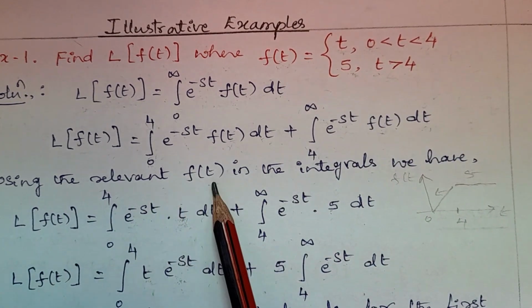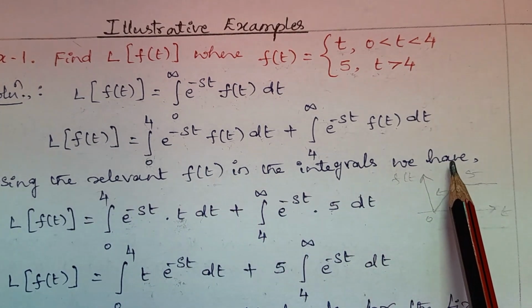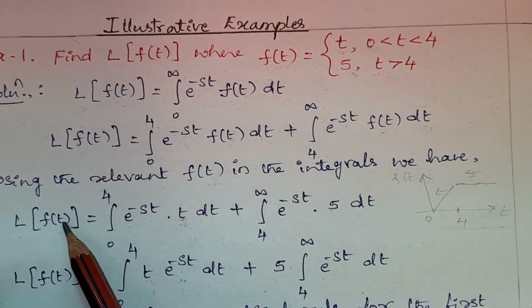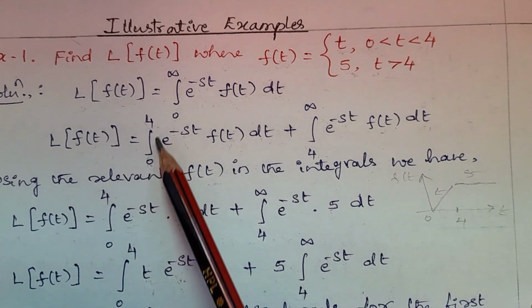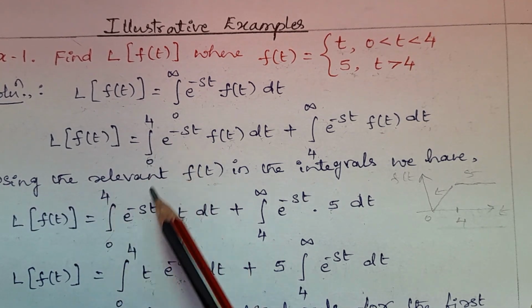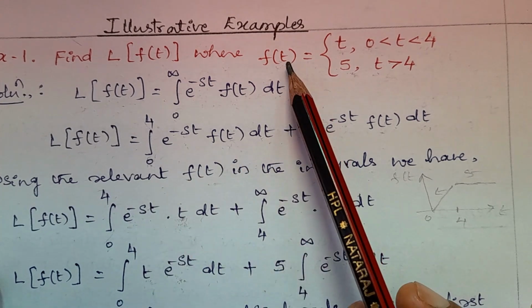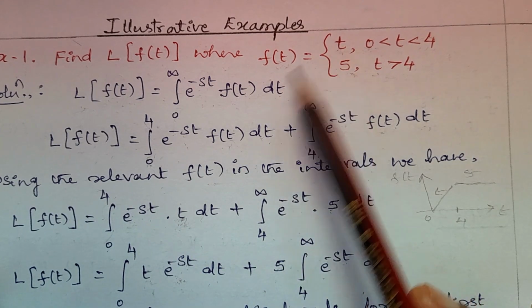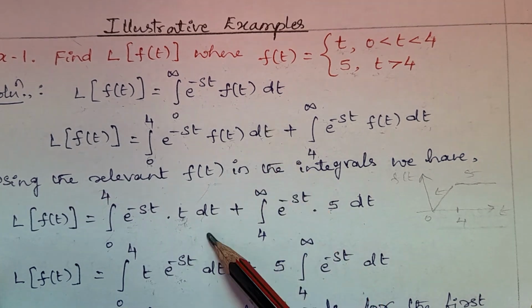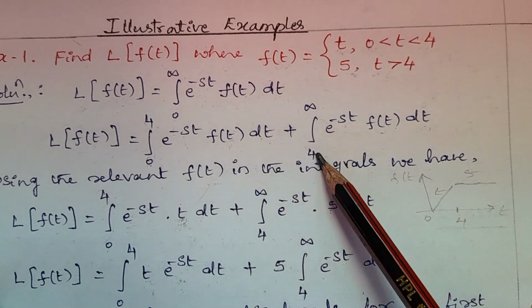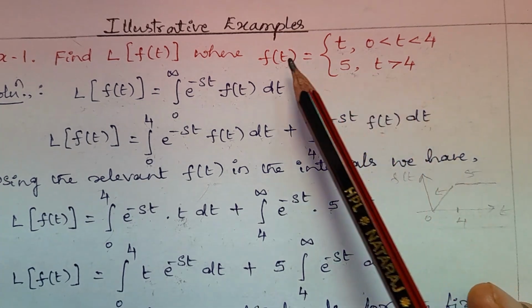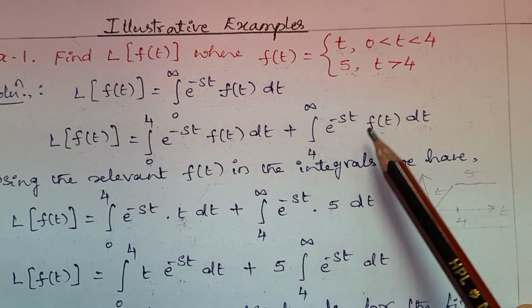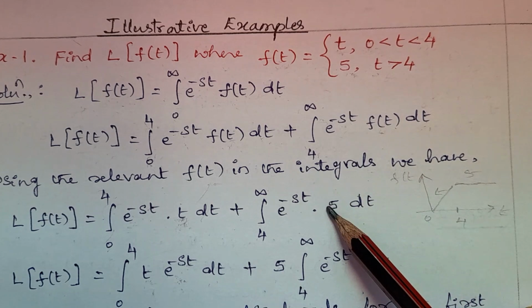Using the relevant f of t in the integrals, Laplace transform of f of t equal to integral of 0 to 4 e power of minus st, that time f of t is t, so t dt, plus integral of 4 to infinity e power of minus st, that time f of t will be 5, so put f of t value as 5 dt.